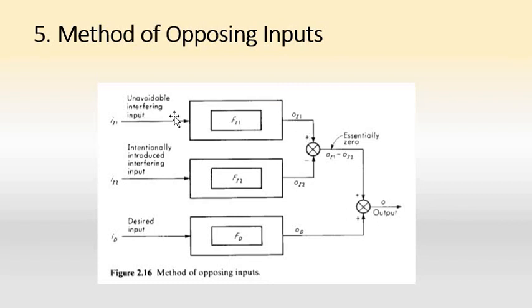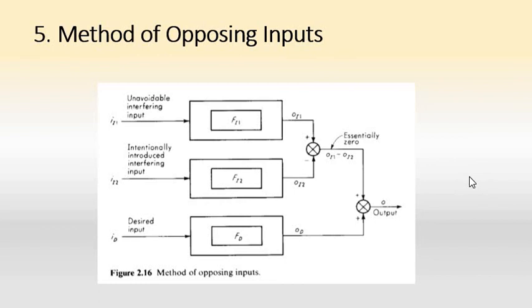That is, the unavoidable interfering input is cancelled out by the intentionally introduced interfering input. As a result, we will get 0 in the output. Okay, so in the output summing up device we will obtain only the desired input. Here in the summing device, OD is the output due to desired input, plus the output from the interfering input, but here it is 0, so we will get OD plus 0, so we will get output as the desired input. Okay, so this is the method of opposing input.